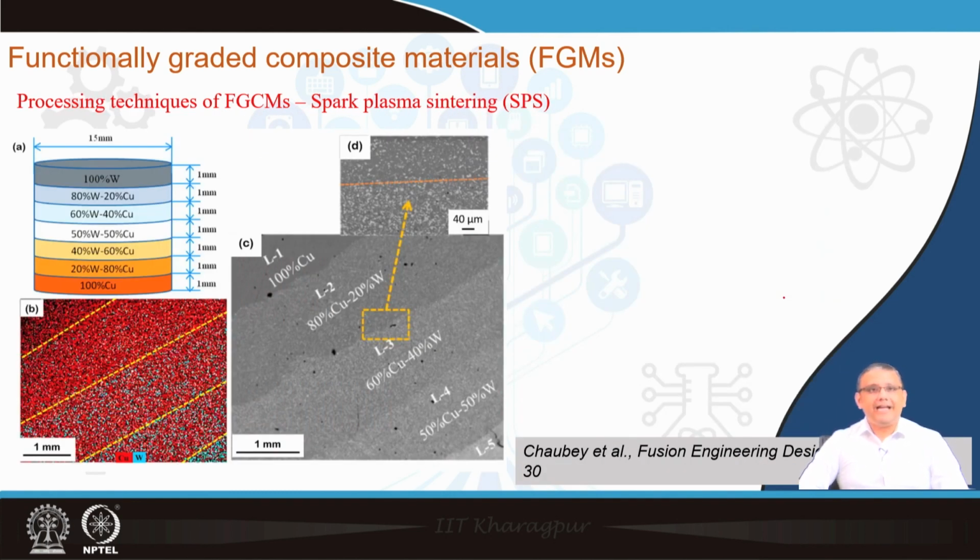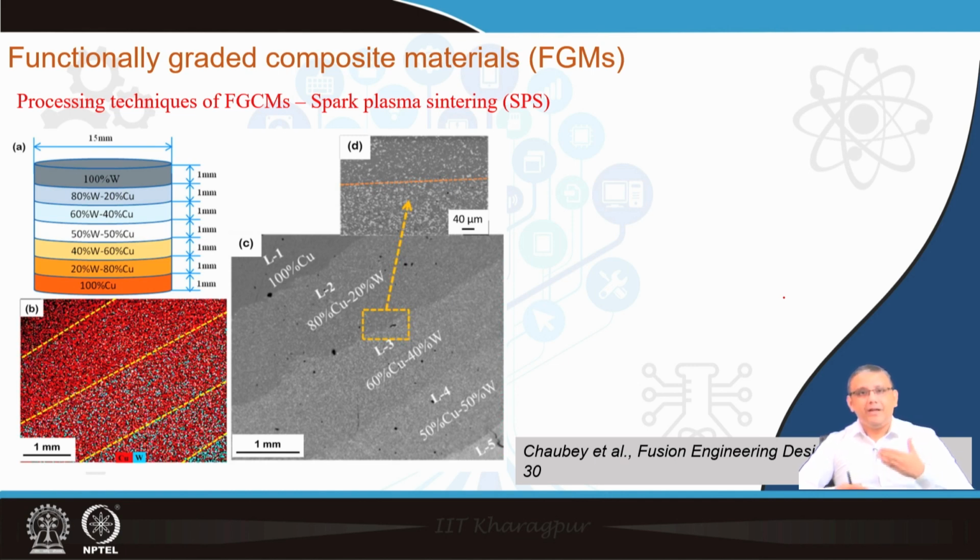Another example is these tungsten copper samples that have been fabricated as FGMs. These tungsten copper samples have been very routinely fabricated using such techniques for FGM fabrication because, as I discussed yesterday, they are extremely attractive for fusion reactors. The plasma facing component of a fusion reactor requires a material with an extremely high melting point.